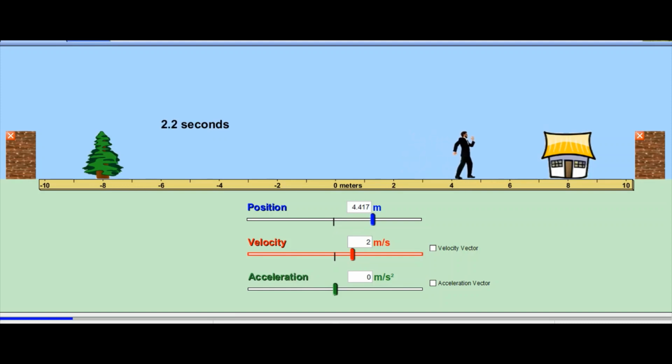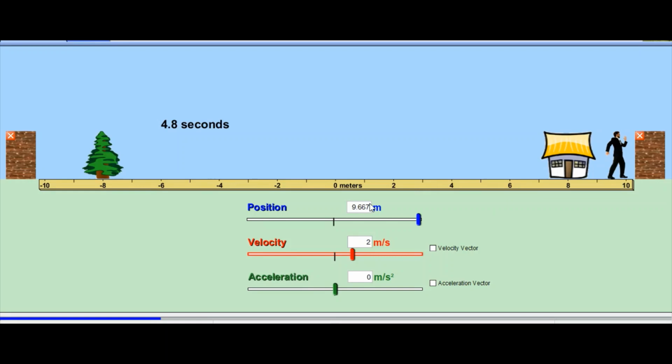Look how fast it's moving: when his position is 9.6, our time is 4.8 seconds. So what's the ratio of 9.6 to 4.8? It's 2. So this man changes his position just like so.